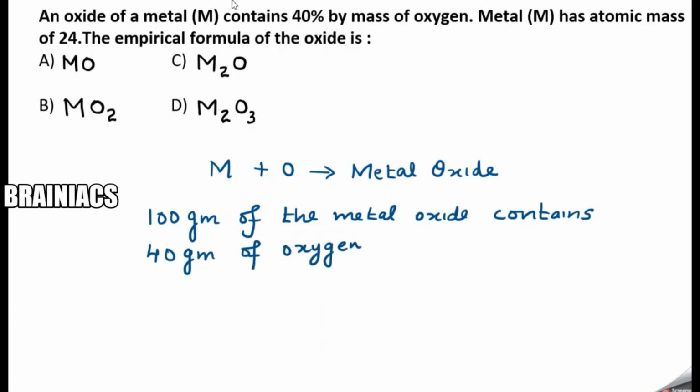So tell me, if 40 gram of oxygen is present in 100 gram of the metal oxide, what will be the mass of the metal?